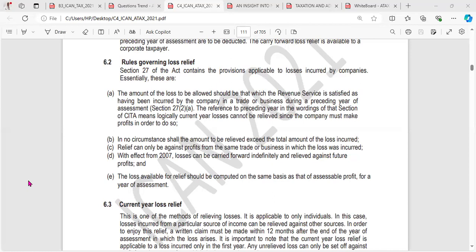Then the E part, the loss available for relief should be computed on the same basis as that of assessable profit for the year of assessment. So the losses and profits must be computed on the same basis. Preceding year basis is what we are using. All right.